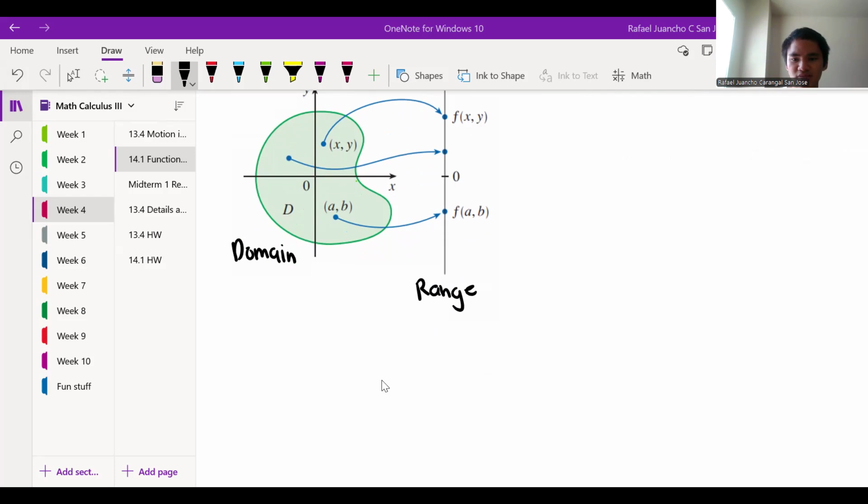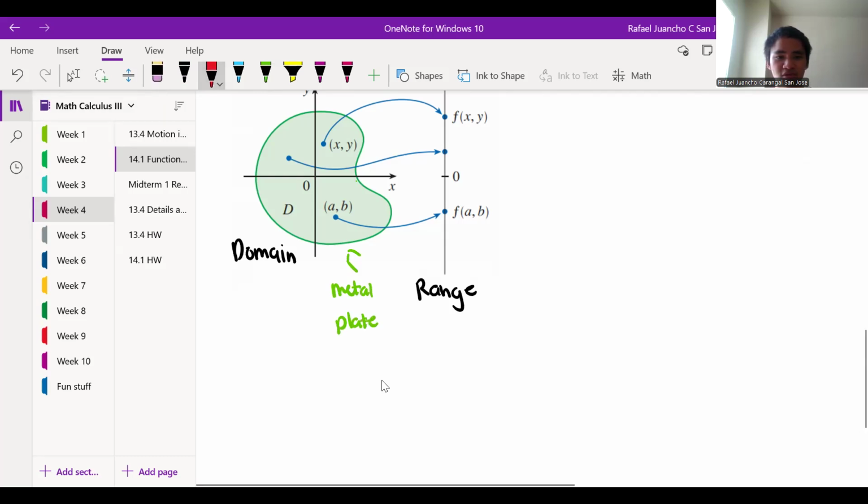For instance, if f of x, y represents the temperature at the point x, y, we talked about the temperature problem. It's the temperature in a flat metal plate with the shape of D. So we imagine that this green thing is a flat metal plate.